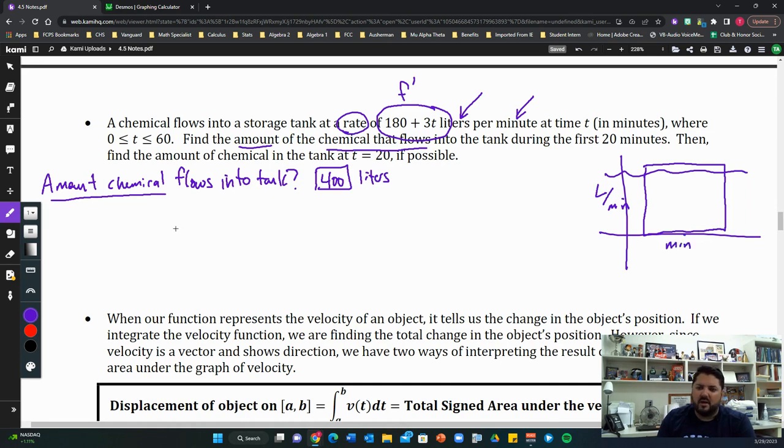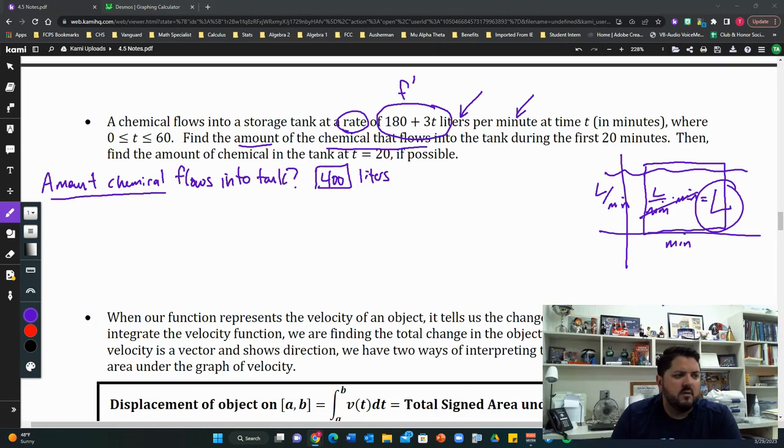So again, this area under whatever that curve looks like would be liters per minute times minutes, which cancels out and leaves us with just liters. So that is how we create the units that we need. We need to find the area under this function.